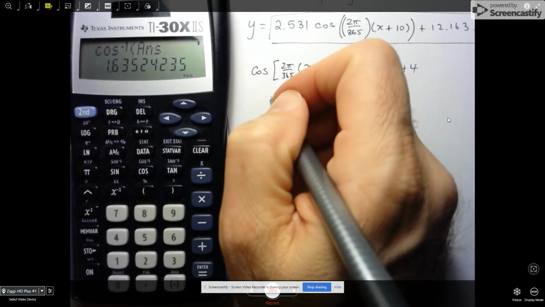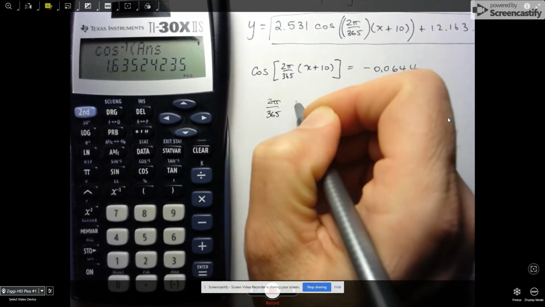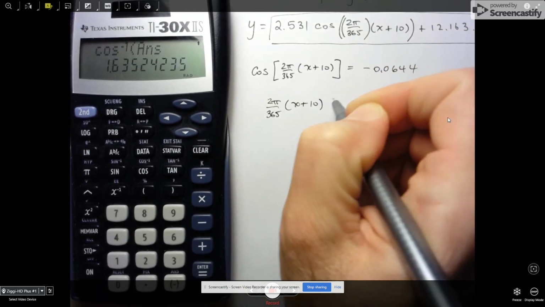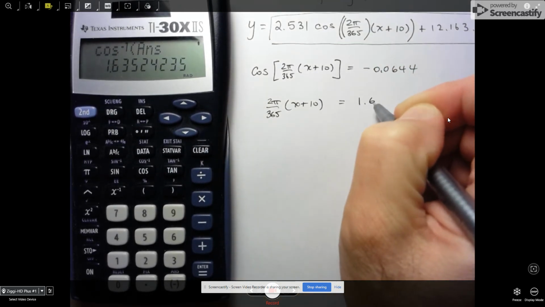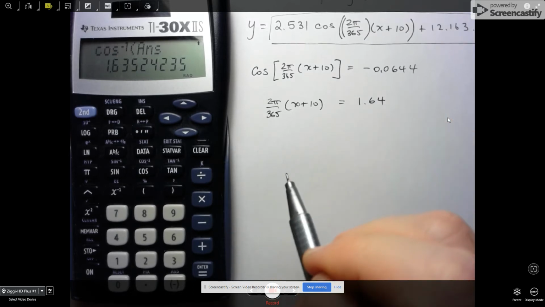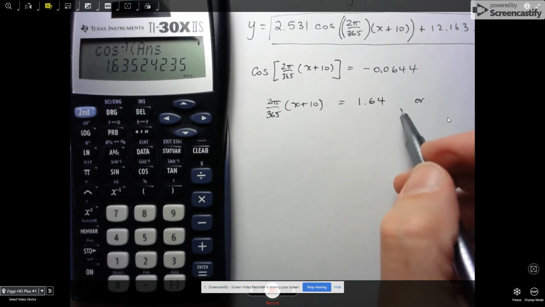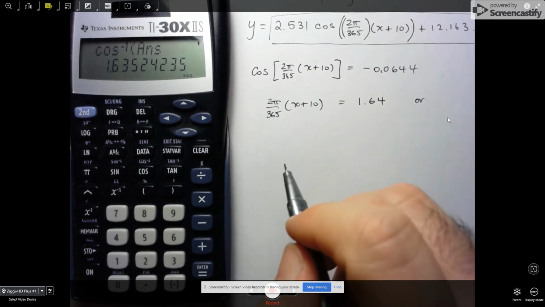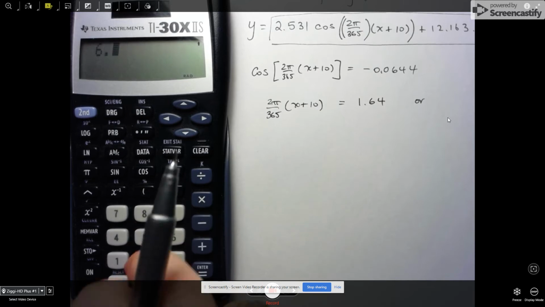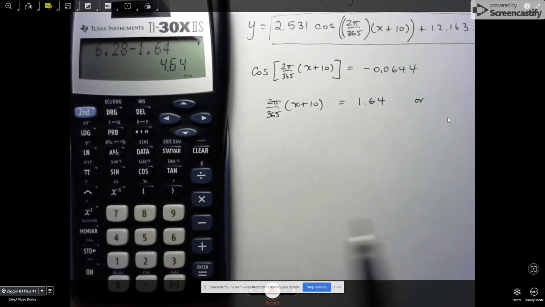So one possible value for 2 pi over 365 times x plus 10 is 1.64. Not surprising since it's negative, so we get something in the second quadrant. The other answer is given by 2 pi minus 1.64. So 6.28 minus 1.64 gives us 4.64.